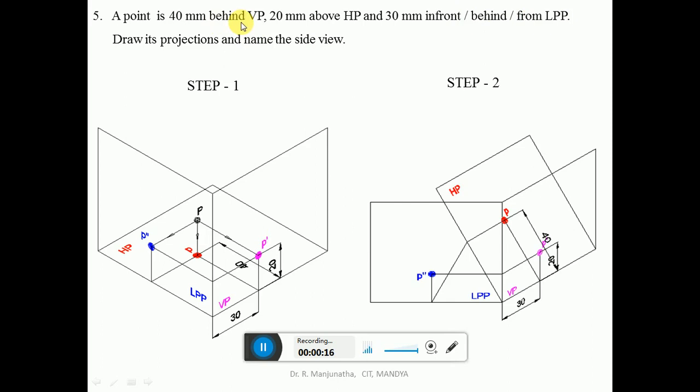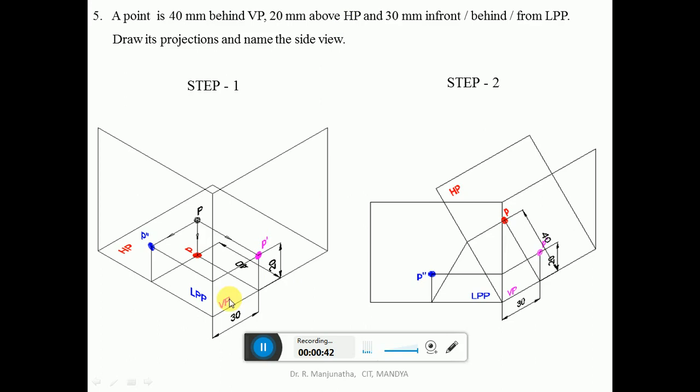Since it is behind VP, the image will go on the horizontal plane. So from 90 degree to 180 degree is going to be the horizontal plane. Since the point lies in the second quadrant, that is 90 to 180, this is a projection of a point in the second quadrant, that is behind VP and above HP.